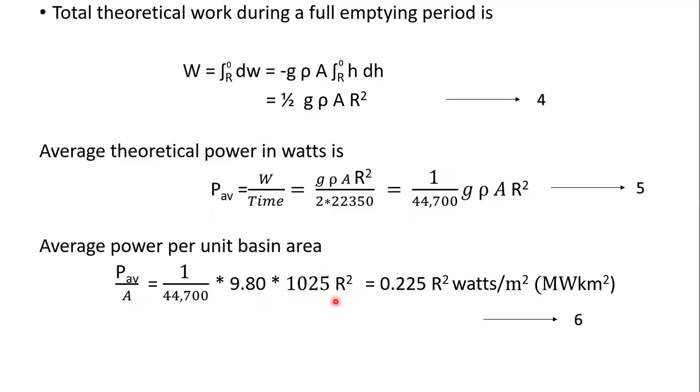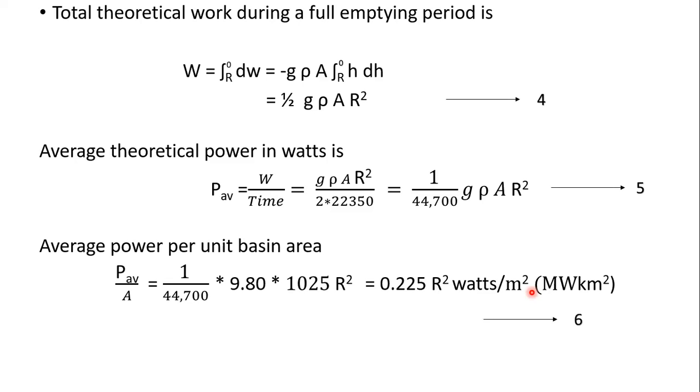We don't know the R square. So if you calculate all the numerical values, 1 by 44,700 into 9.80 into 1025, you will get 0.225, and into R square, in watts per meter square, or we can write megawatts per kilometer square.